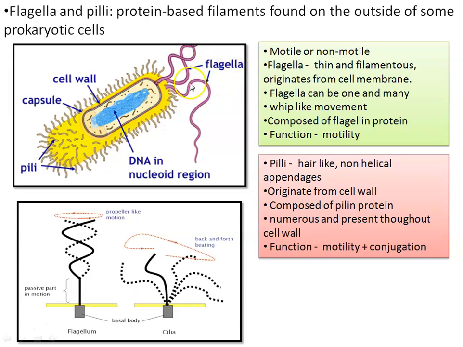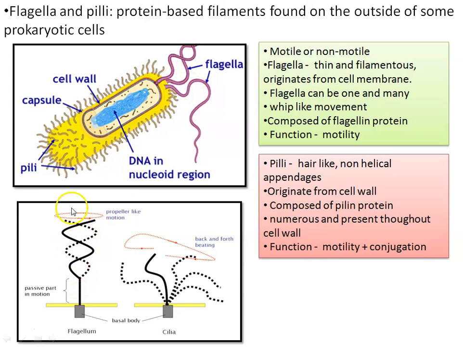Flagella are thin and filamentous and originate from the cell membrane. Here you need to be aware that they do not originate from the cell wall, but from the cell membrane. There can be one or multiple, and you need not go through that in detail.